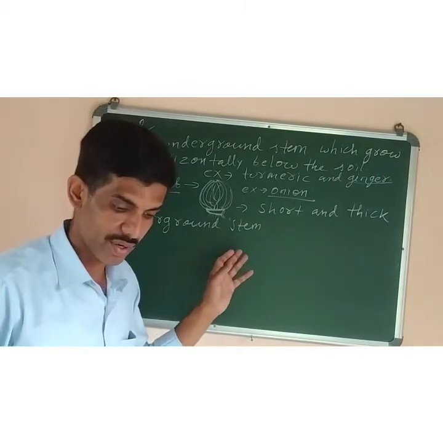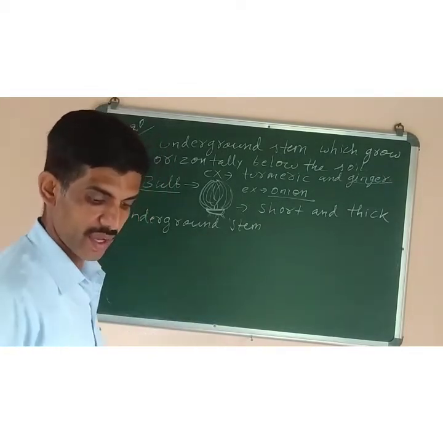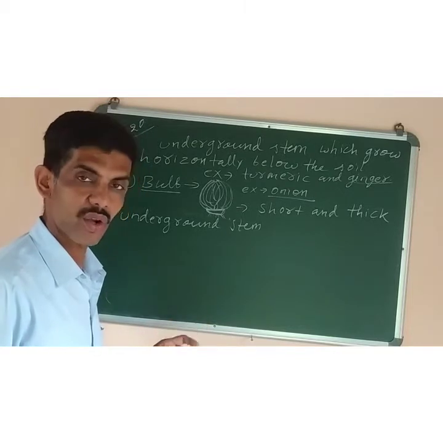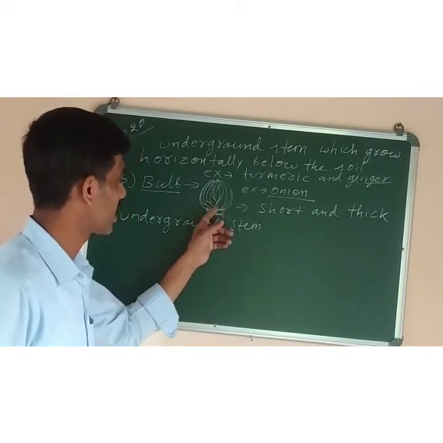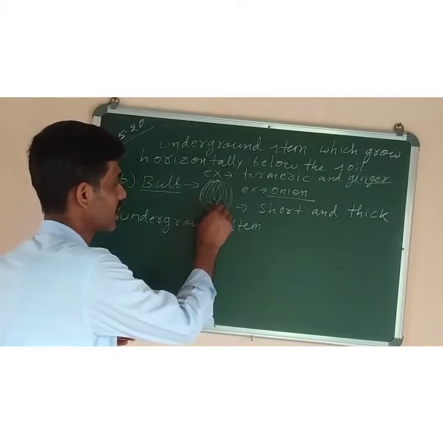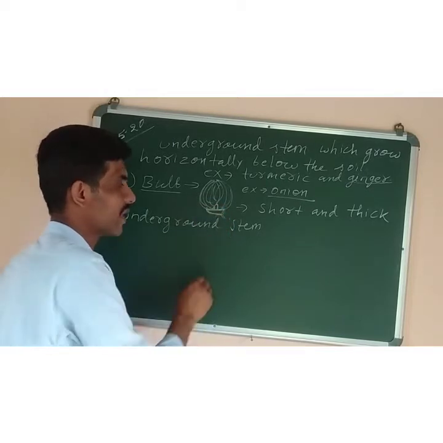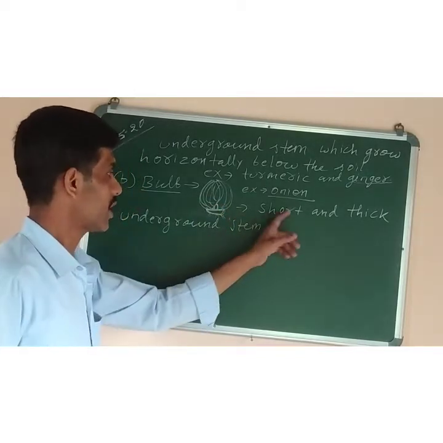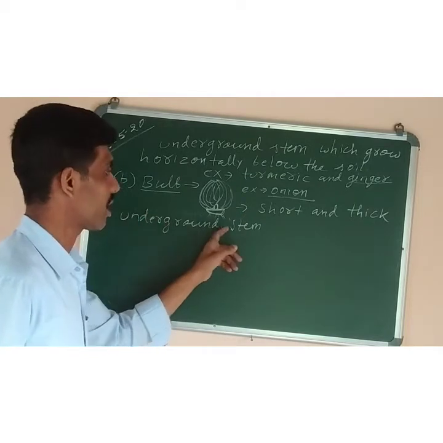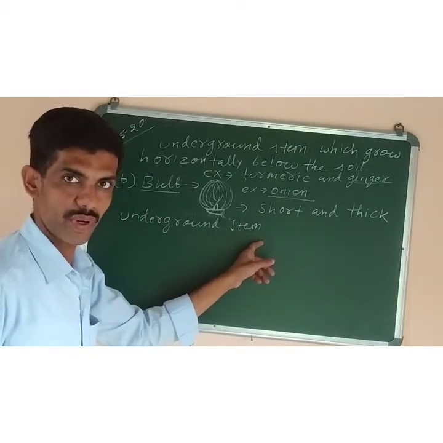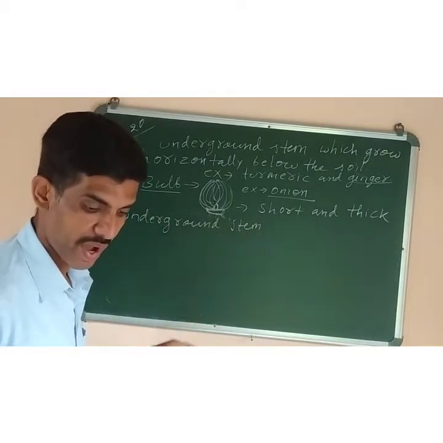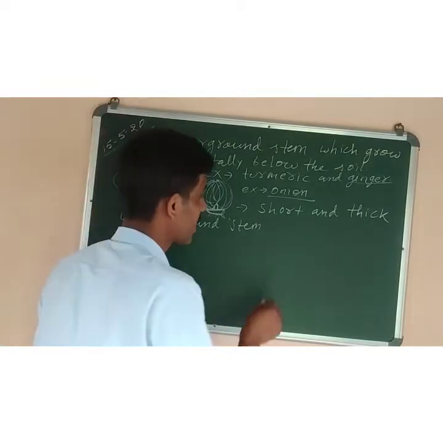A short and thick underground stem represented by a convex or slightly conical disc. This one is slightly conical. Axillary bud is here. Axillary bud, apical bud. Two types of buds are present here. So it is a short and thick underground stem that stores food, and it is represented by a convex or conical disc.